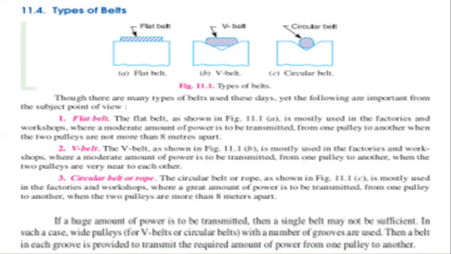So whenever you are going to transmit higher speeds or a higher amount of power, you need to use the circular belt or rope drives from one pulley to the other pulley.